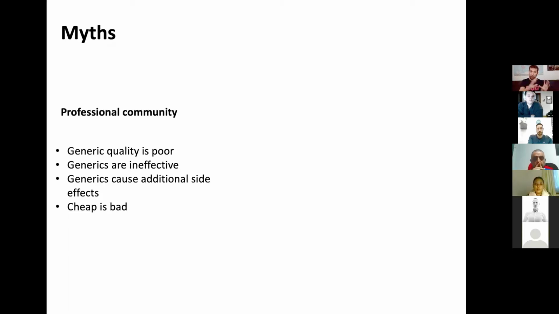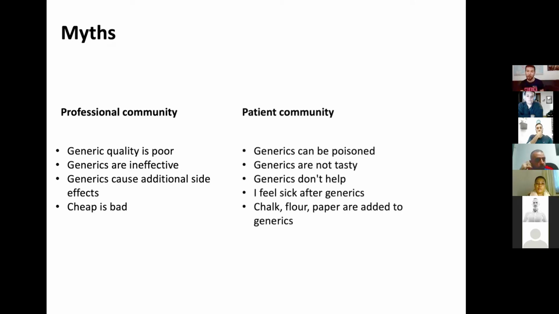This is what we hear from the professional community. From our community, we hear the easy language: generics can be poison, generics are not tasty, they don't help, I feel sick after generics, and flu and paper are added to generics.